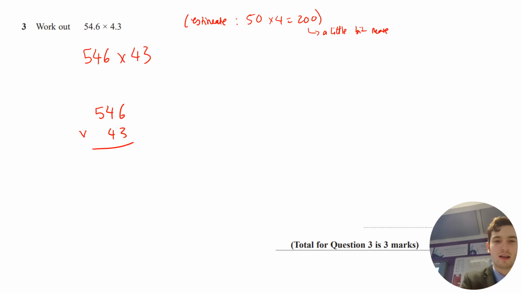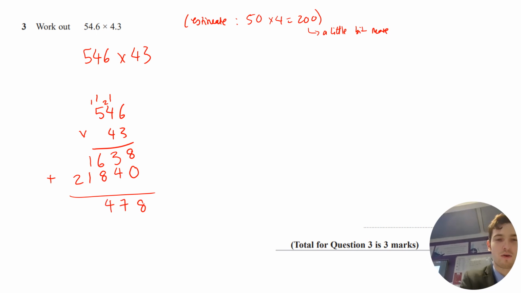Let's do it. 6 times 3 is 18, carry the 1. 4 times 3 is 12, plus the 1 is 13. 5 times 3 is 15, plus the 1 is 16. 0 is my placeholder. 6 times 4, 24. 4 times 4 is 16, plus the 2 is 18. And then 5 times 4 is 20, plus the 1 is 21. Add these together, 8, 7, 4, 3, 2.